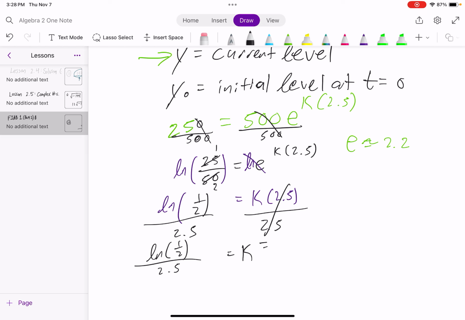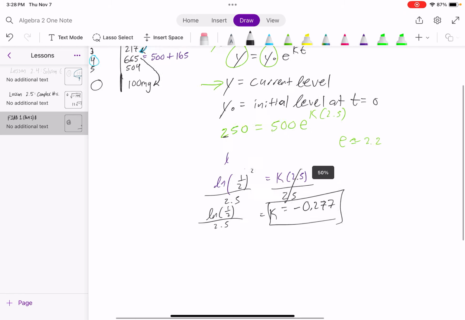I'm going to divide it by 2.5. And I get a value of negative 0.277. That's my K value. Great.